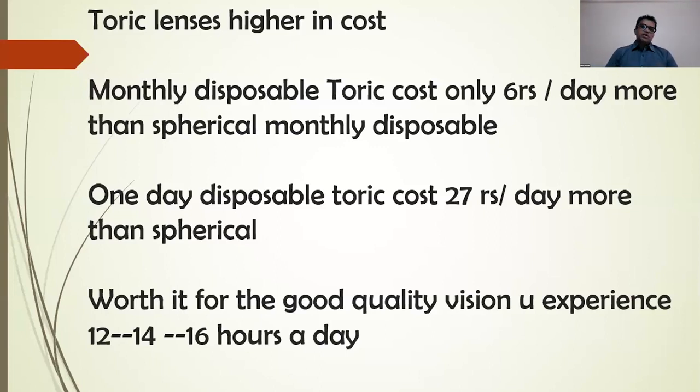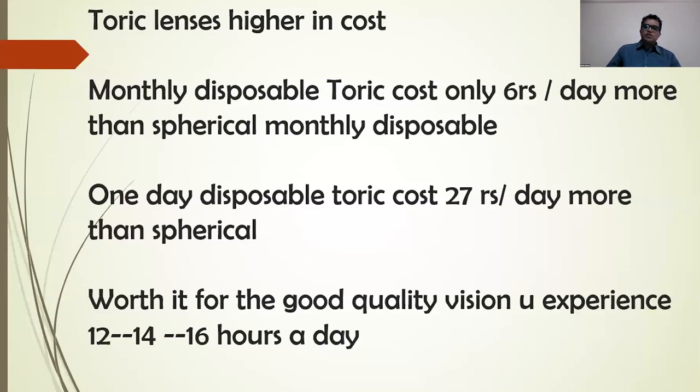Now we ran some amount of data check, and we saw that a monthly disposable toric lens costs only 6 rupees per day over a spherical monthly disposable. Okay, so I am counting on a day-to-day basis. Comparing a monthly spherical disposable lens and a monthly toric disposable lens, there's a difference of only 6 rupees.